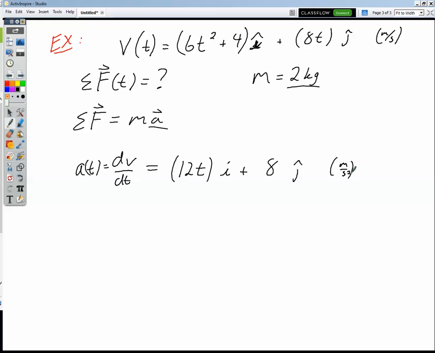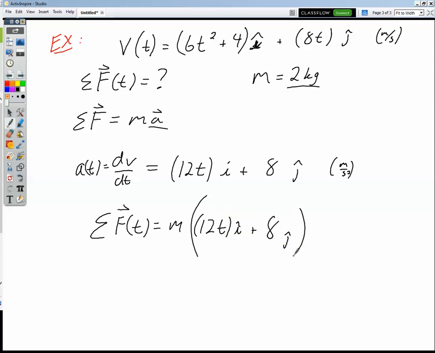So I can plug that in still to my Newton's second law. So the net force at any time t is going to equal the mass times the acceleration function, 12t in the i direction, plus 8 in the j direction. And all I've got to do is multiply each component by a scalar, which is the mass, 2 kilograms.